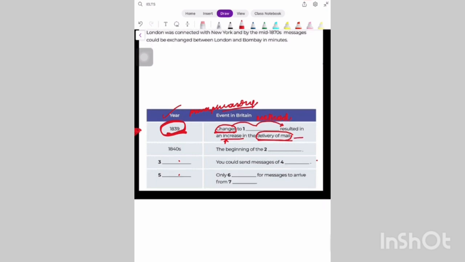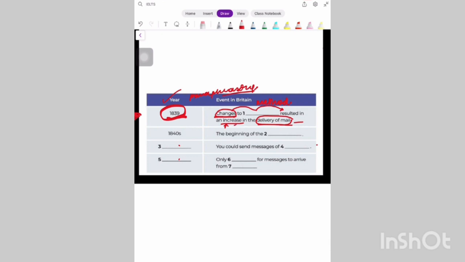That is my prediction, which resulted in an increase. Then in 1840, the beginning of the dash. So there was the beginning of something. It's talking about some event in Britain that began in the 1840s. Now in dash year, you could send messages off. So they're talking about sending messages.